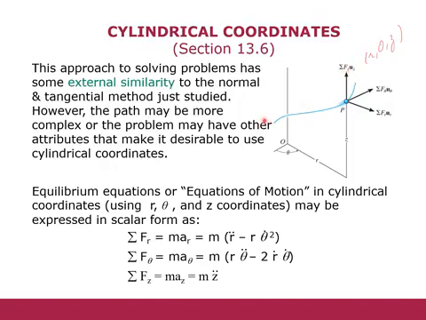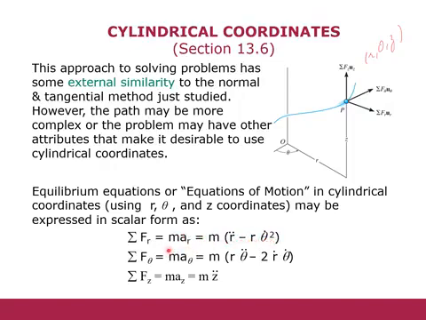According to Newton's second law of motion, the summation of all the forces is equal to ma. If we want to write this equation in component form, then all the forces in radial direction will cause acceleration in the radial direction. And in the kinematic section, we saw that a_r is equal to r double dot minus r theta dot square, right?